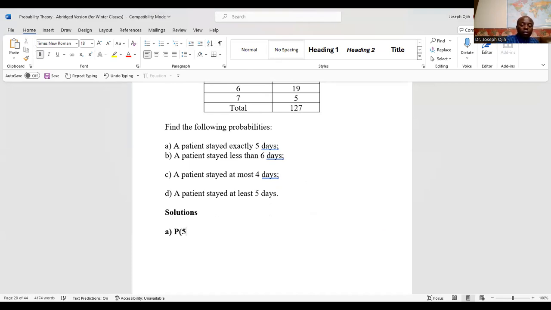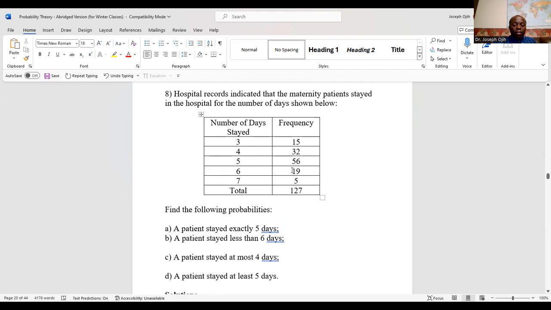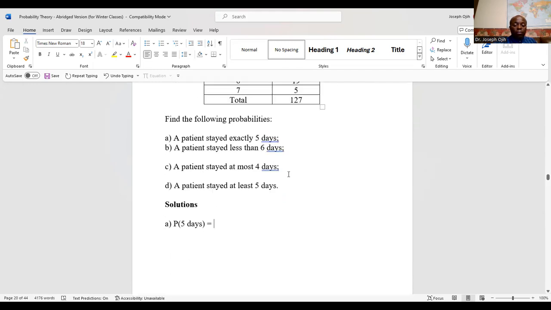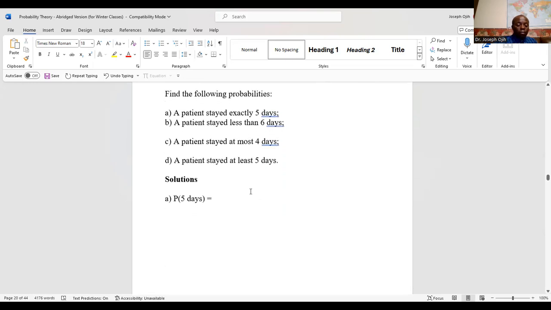Now look at the chart. 56 patients stayed 5 days, so that will be 56 out of 127.